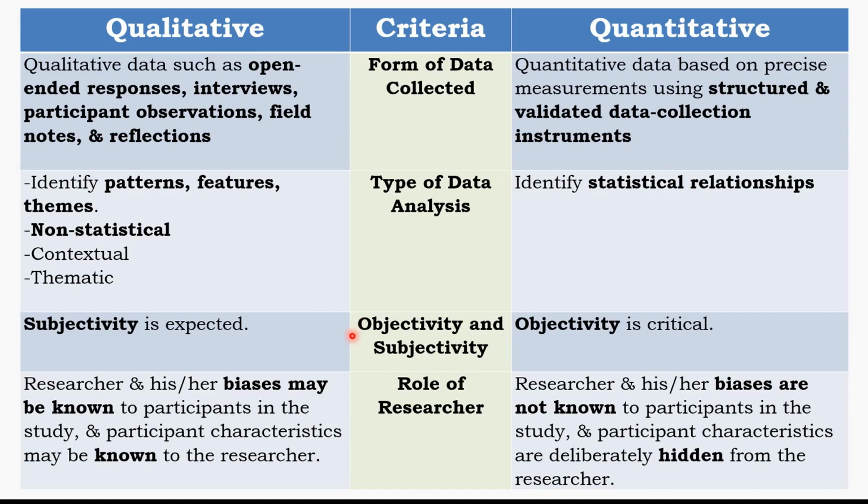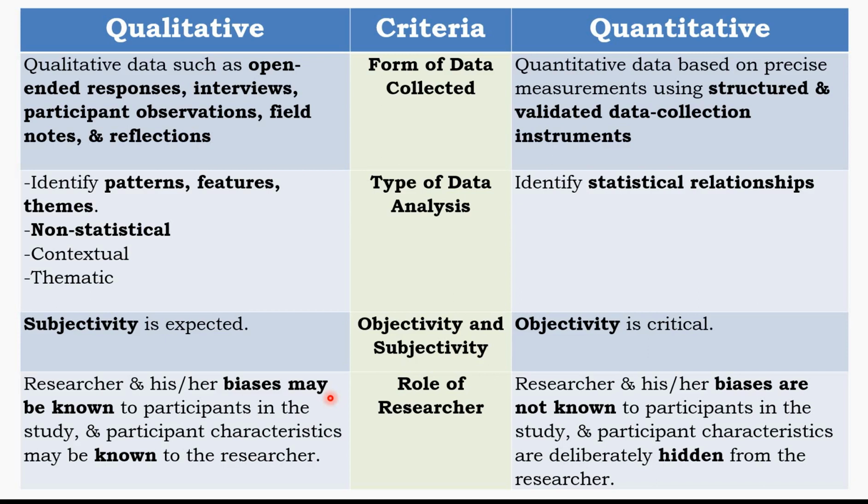Now, looking at objectivity and subjectivity. As mentioned earlier, qualitative is subjective, while quantitative is objective. What about the role of the researcher, you as a student, if you are to conduct your study? The researcher in qualitative research would look at the biases.